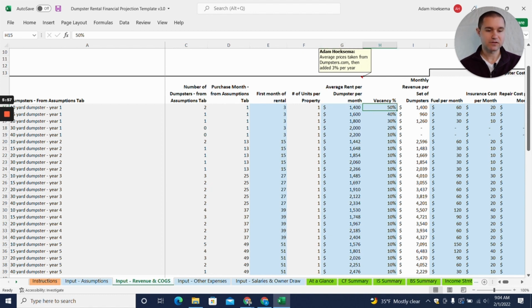And then we're entering in a vacancy rate. And I may change this to say utilization rate. So basically what percentage of the time is this rented? So we're saying 50% of the time it's rented.